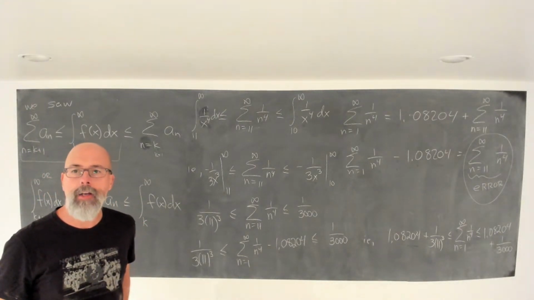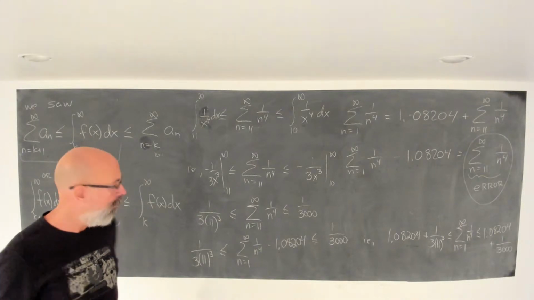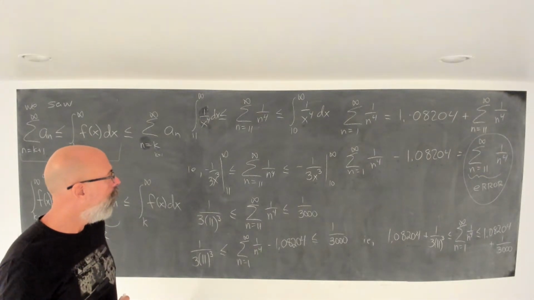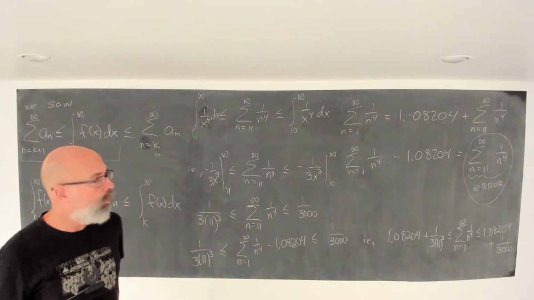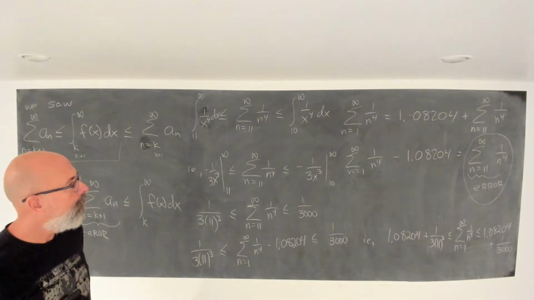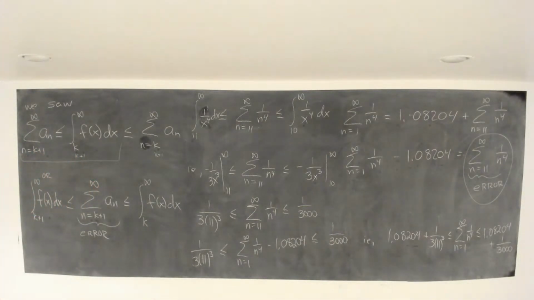Isn't it from 1 to 10 and then 11 to infinity? Sure. So what's the final error? What was the question asking? Estimate the error.